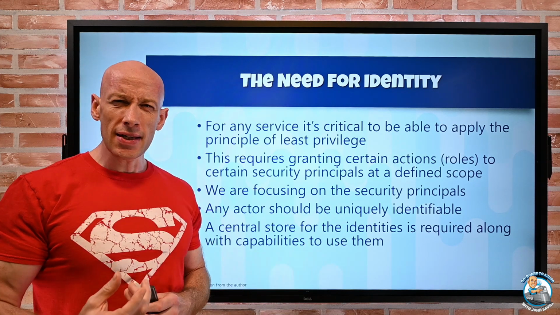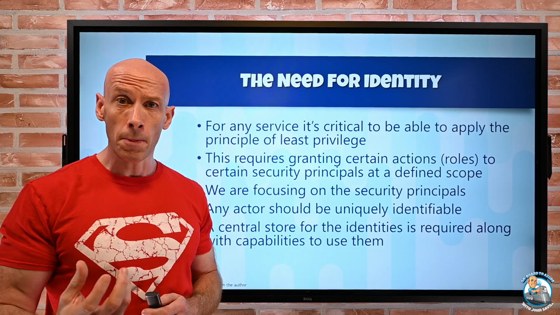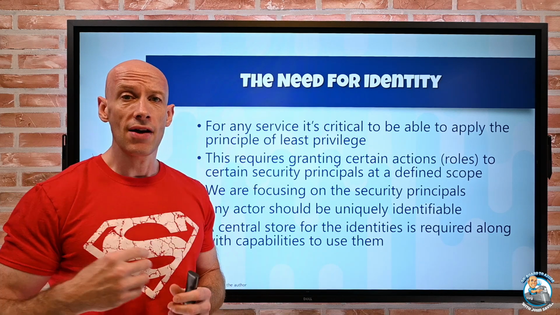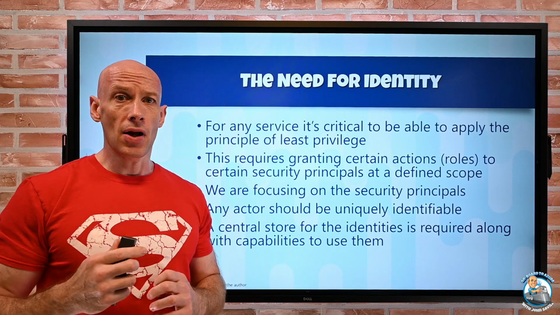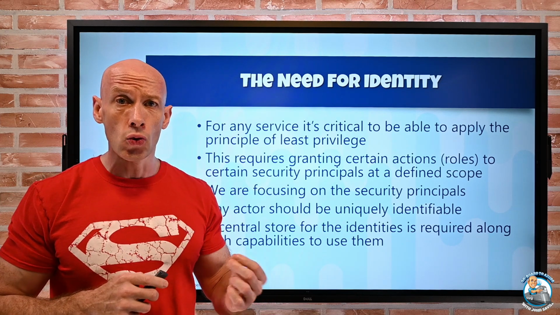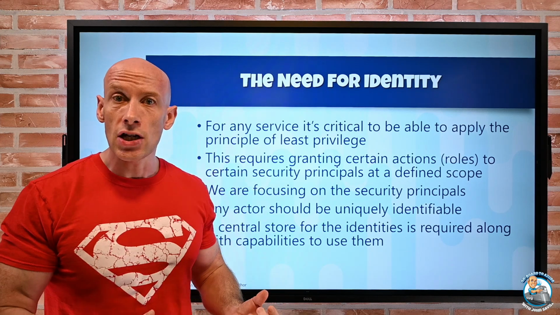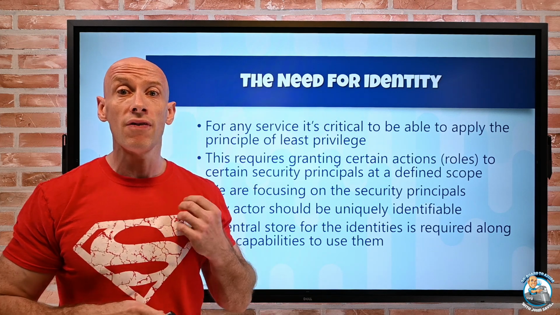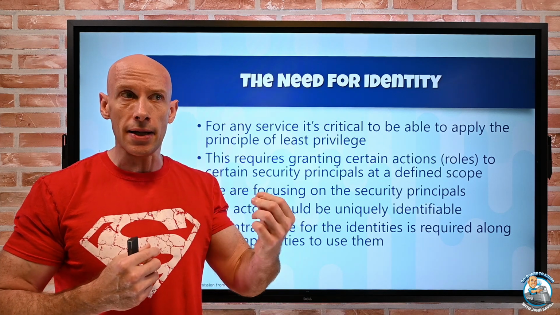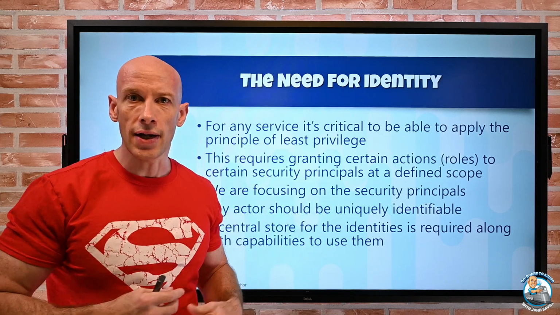Now, to have these set of identities, I require a central store. So I need some store where I have all the identities, that maybe I have passwords in there, and then I have different types of resource trust that identity. So if it can do authentication and authorization, it's an identity provider, and things will trust it. Office 365 tenant, hey, I trust a certain Azure AD.